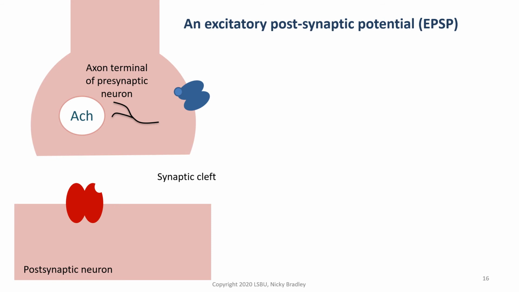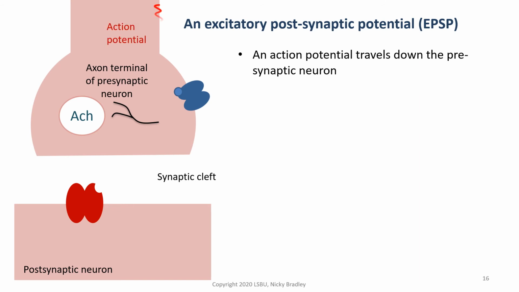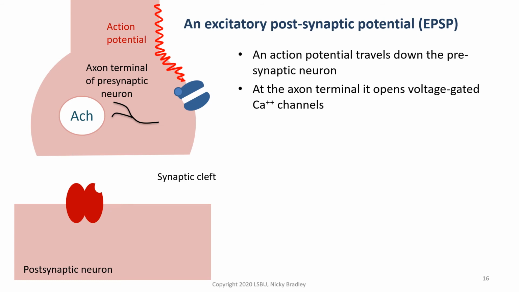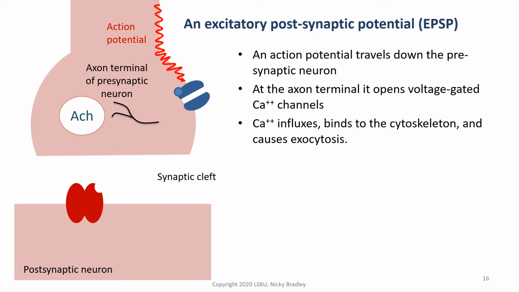So if we have an excitatory postsynaptic potential, we have our old mechanism that we know from basically neuromuscular junctions. An action potential travels down the presynaptic neuron, gets to the axon terminal. At the axon terminal, it opens voltage-gated calcium channels. Calcium influxes, binds to the cytoskeleton, and causes exocytosis.